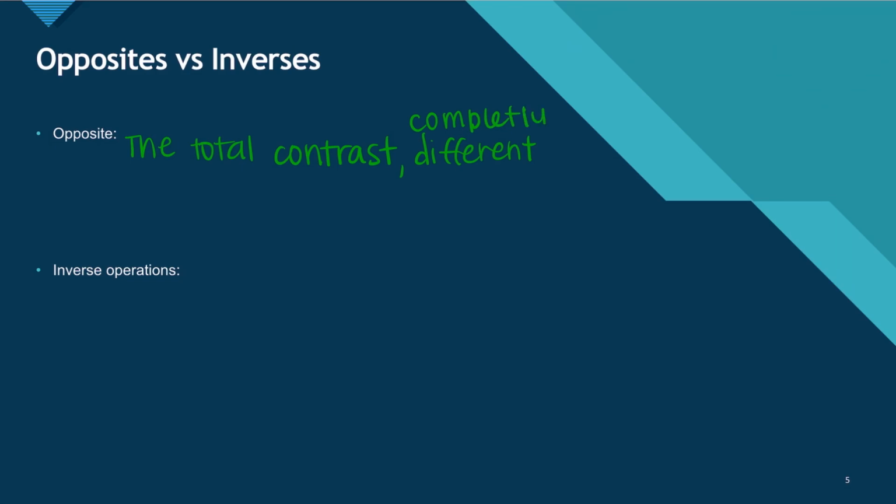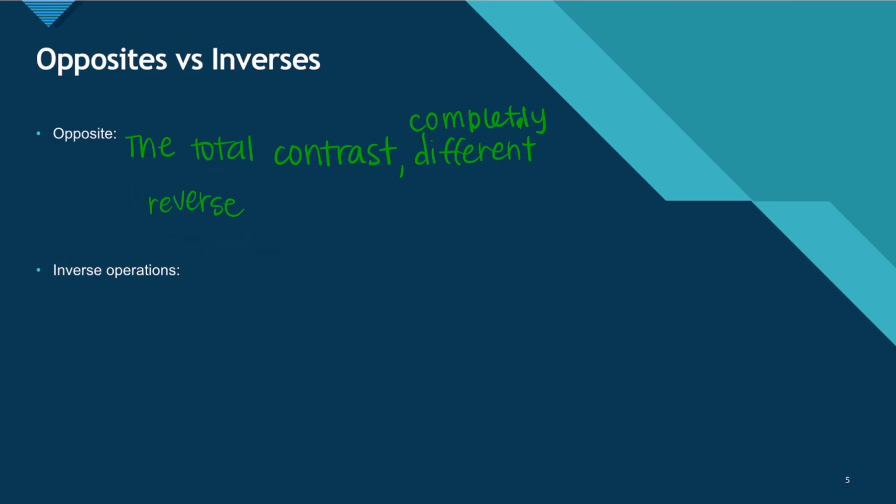I don't know if there's an E in there or not. I teach math, not English. So opposites are just totally different. Another word I've seen to describe opposite is the reverse of something. Inverse is really similar to reverse in a sense.